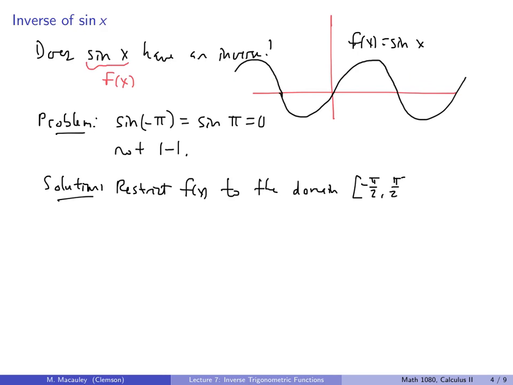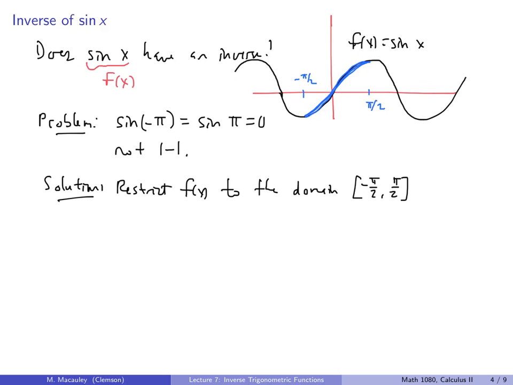And we don't need to pick this domain, but this is typically the domain that is chosen. So right here, this is negative pi over 2, and this is positive pi over 2. This is the interval that we are choosing, and you can see that our function is clearly 1 to 1 on here.